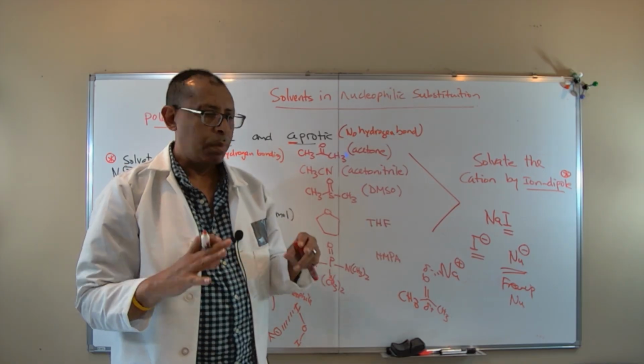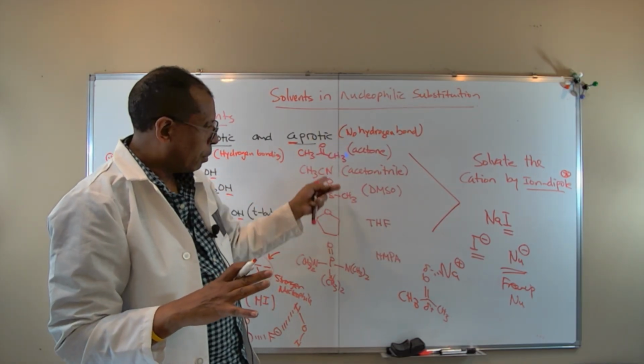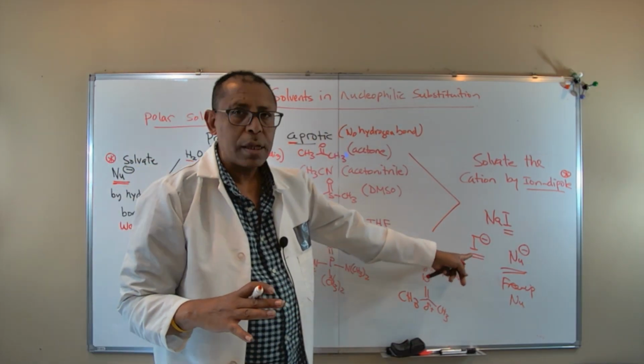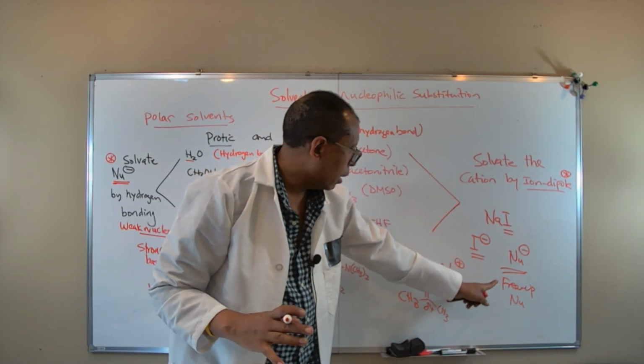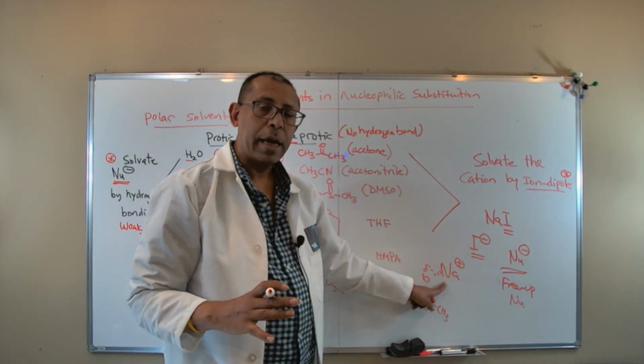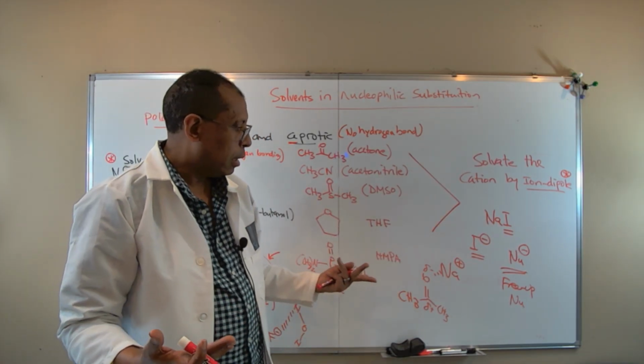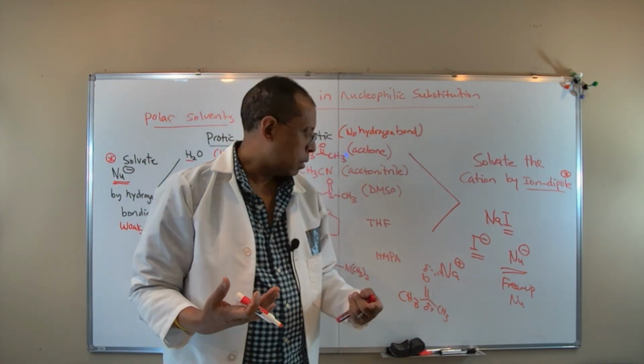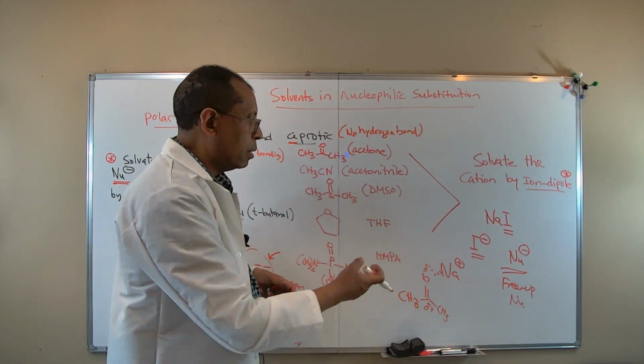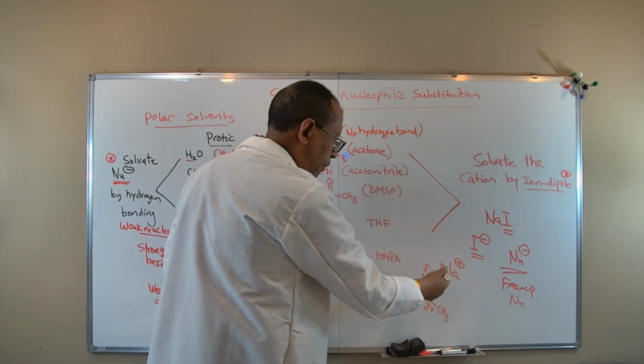So the more you use aprotic solvents, they enhance nucleophilicity by trapping the counter ion, the positive counter ion. It doesn't do anything in the reaction but deliver the nucleophile, obviously.